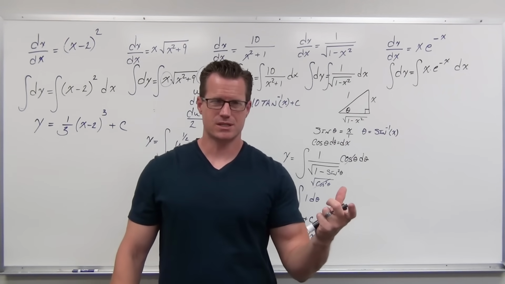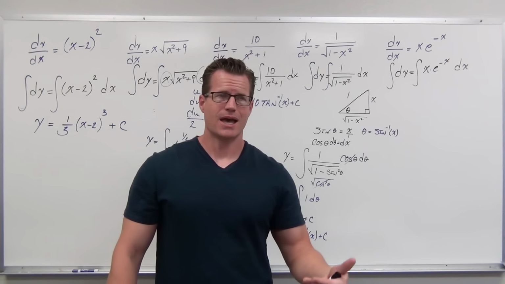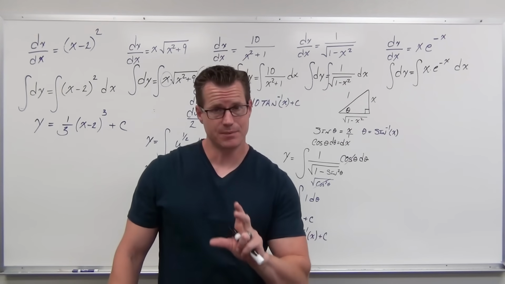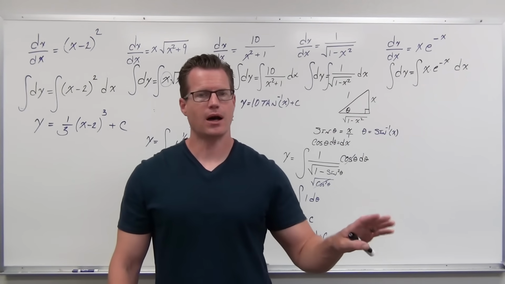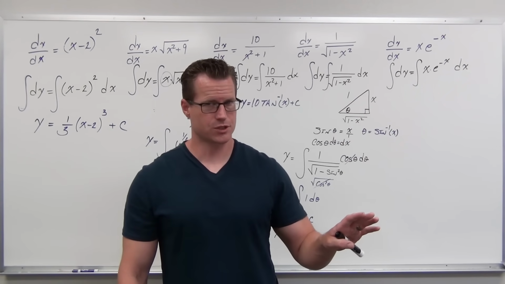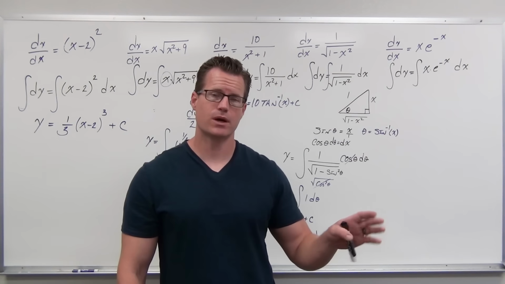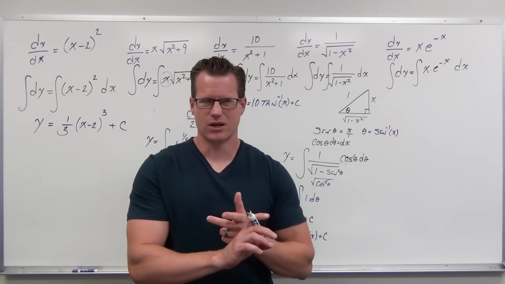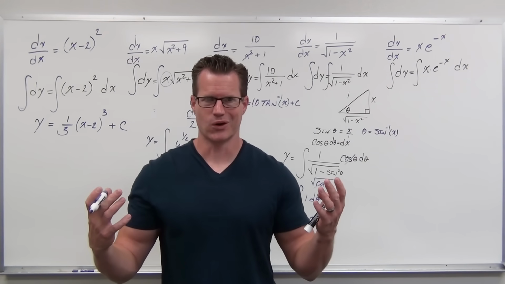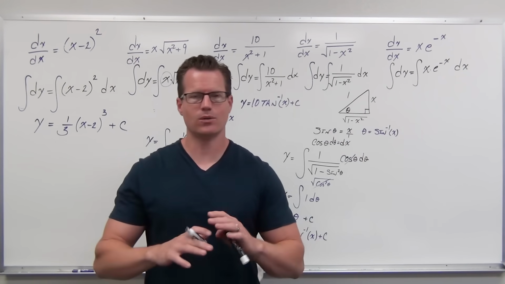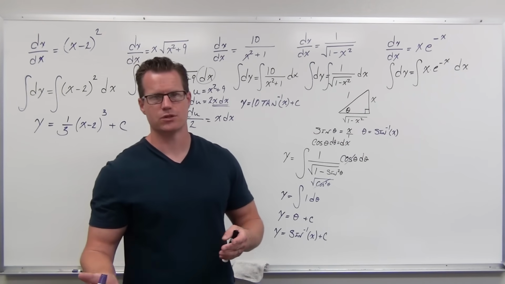I need that u to be something I can take a derivative of, and it typically becomes easier. I also need the integral of whatever's left over to be possible and to not get worse. Otherwise, if you pick the wrong thing, you'll tell really quickly because your problem will start to explode. Oh man, that looks way worse. Let me keep going at it. Don't keep going at it. You probably made the wrong choice.